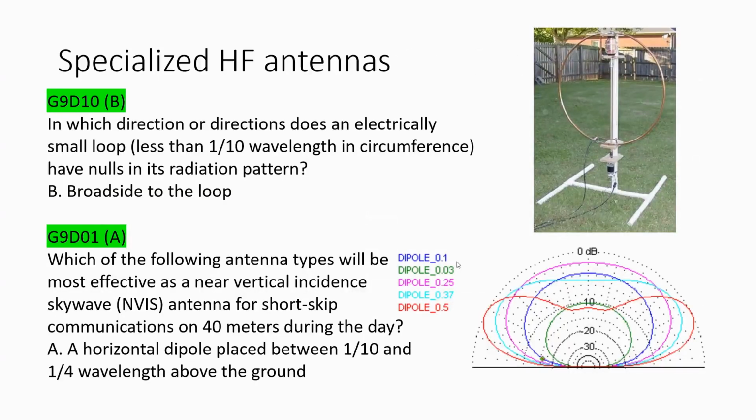Now we have another loop. This loop is a small loop. This is not a full-size half wave. This is a tenth of a wavelength in circumference or less. So it does not radiate perpendicular to the elements.